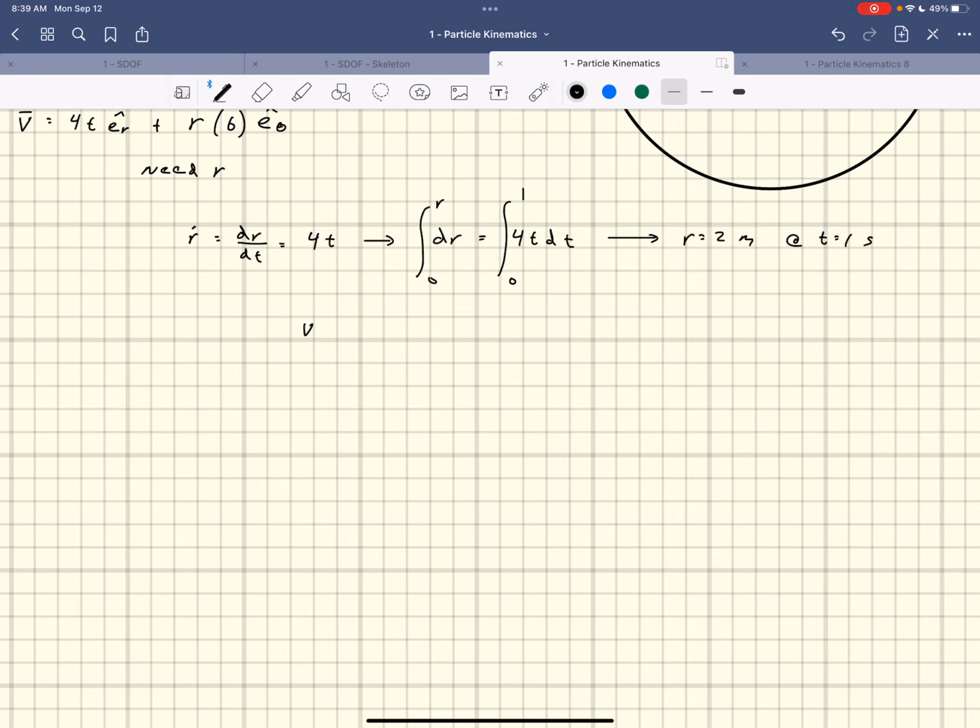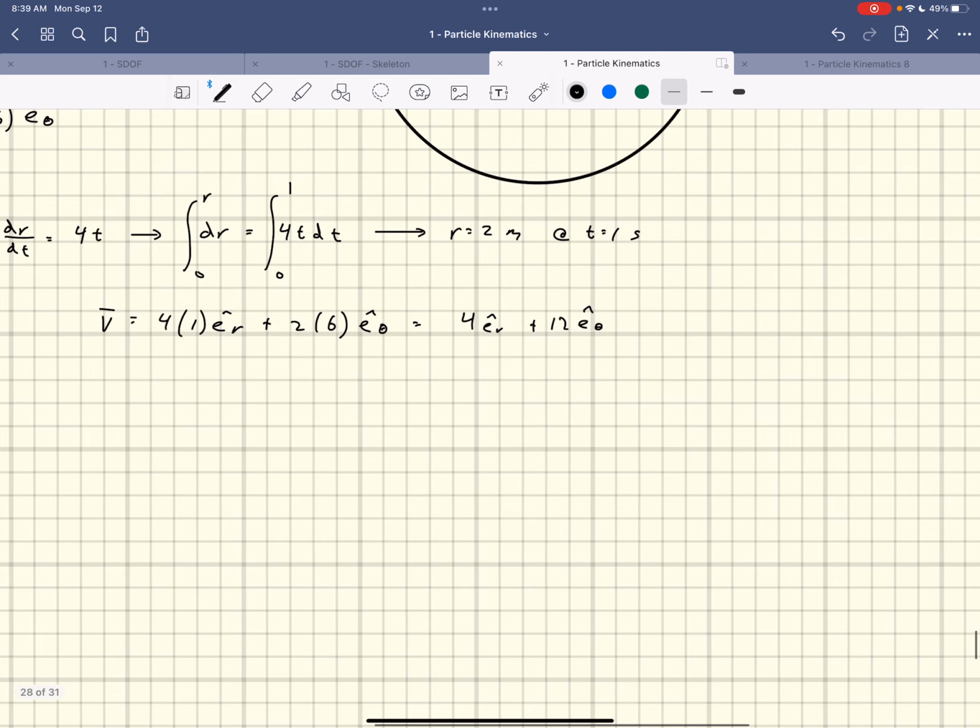So my velocity vector is just equal to 4 times 1 in the e_r direction plus 2 times 6 in the e_theta direction. Let's just simplify that down: 4 in the e_r direction plus 12 in the e_theta direction. So that's the overall vector, but it asks for the magnitude.